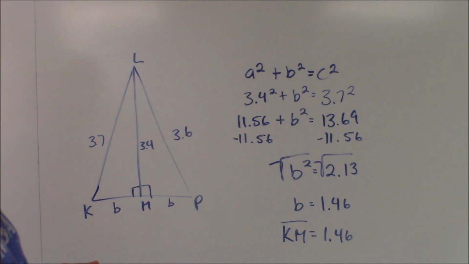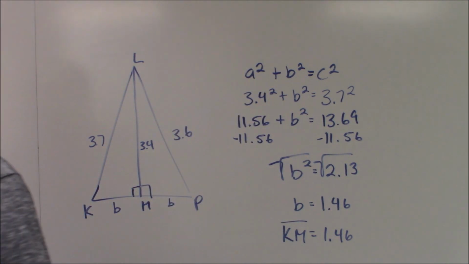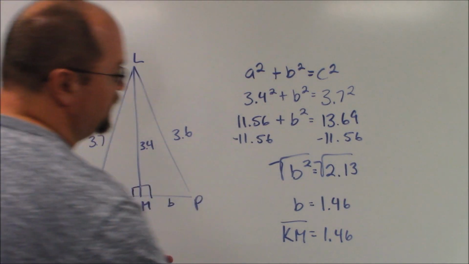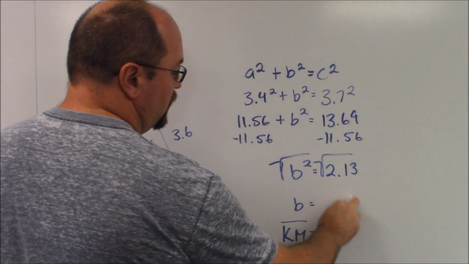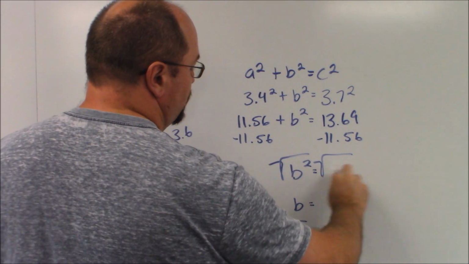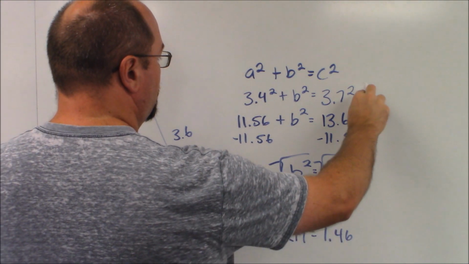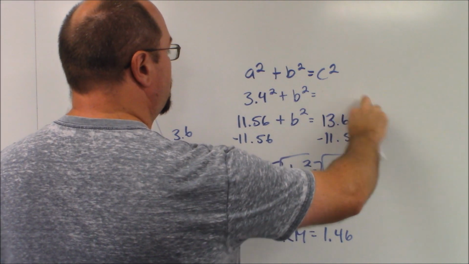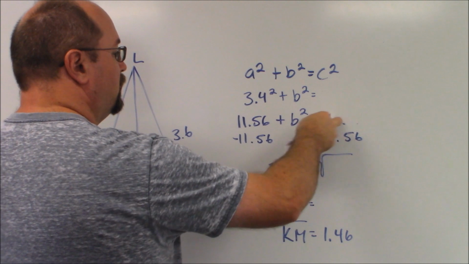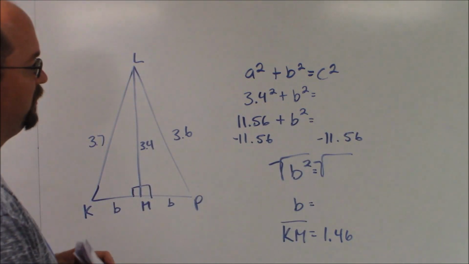So what I'm going to do, for the sake of room on your screen, is I'm going to keep my answer down here, but I'm going to erase what I don't need, and just fill in my new values.